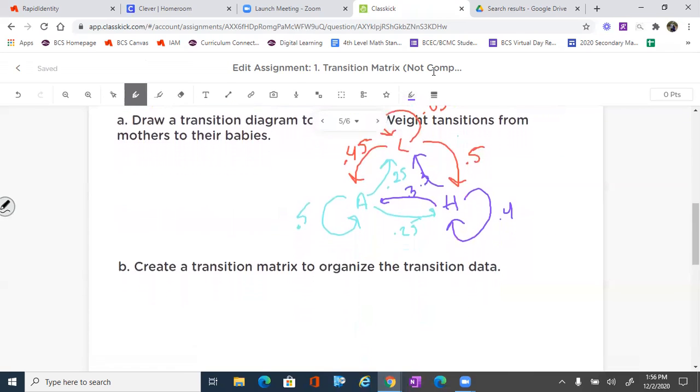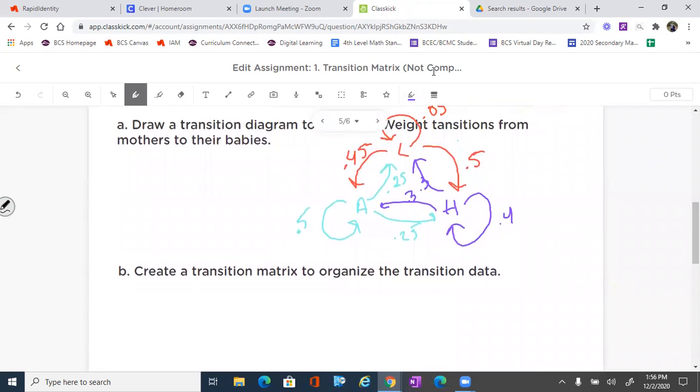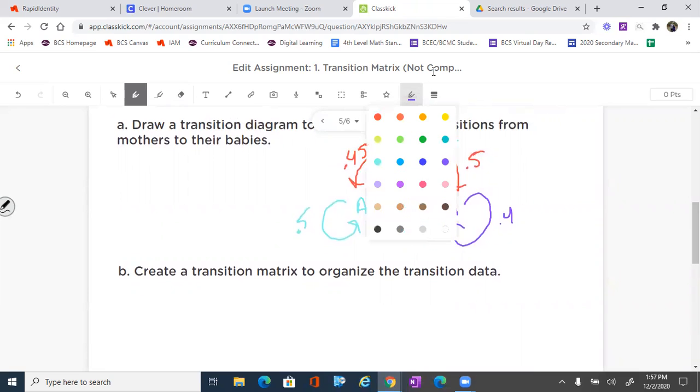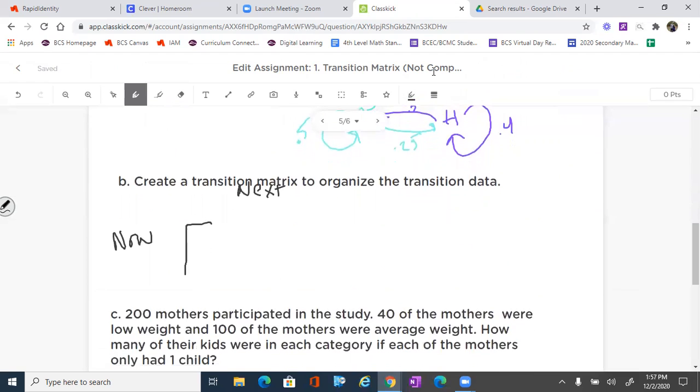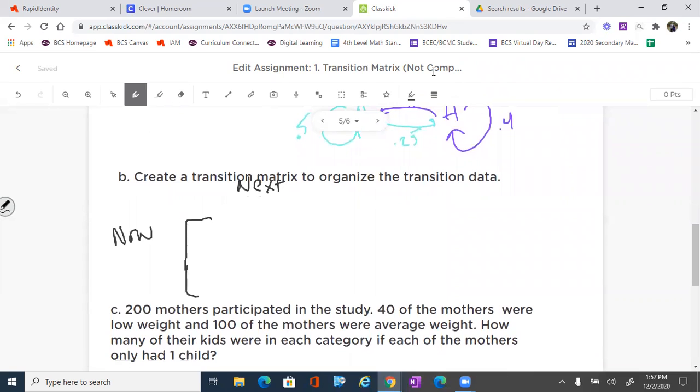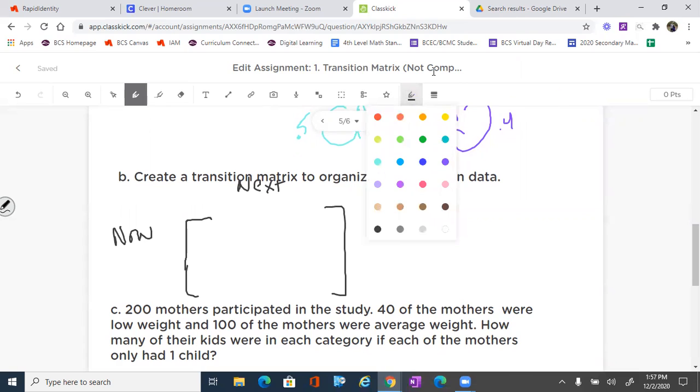Okay, let's go ahead and do our transition matrix. And remember, as we do these transition matrices, the best way to think about them is in terms of now and next. So I like to put those words on there, now and next. And as we're labeling all of our information, I want to make sure that I use those colors to help us out.